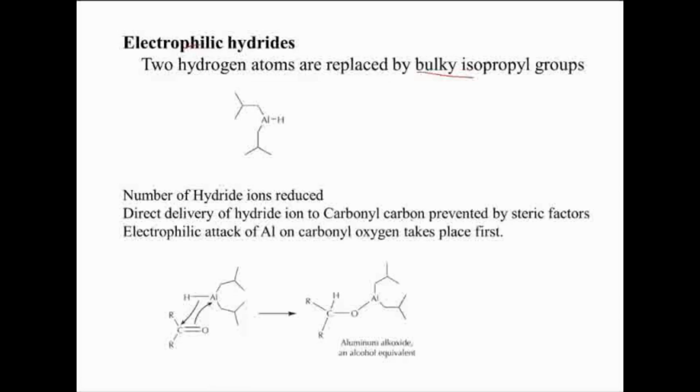So two things are happening: the number of hydrides is reduced, and the initial step is coordination with the oxygen, and only then hydride delivery. In both ways, delivery of hydrogen is slowed down, so they are classified as weaker reagents.